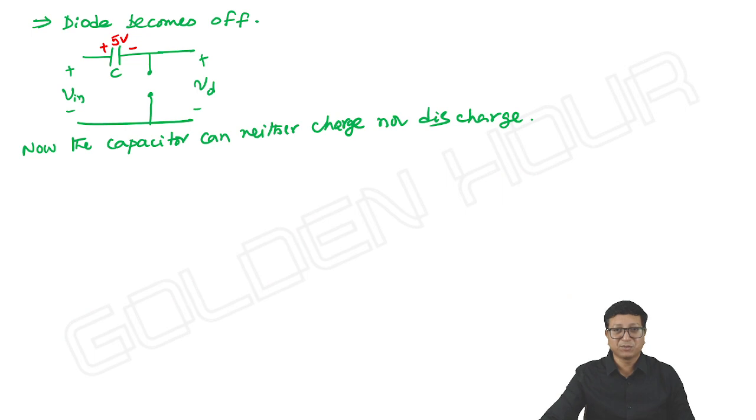Then what about the output, right? The capacitor can neither charge nor discharge and acts as a DC source, maintaining the voltage of 5 volts across it.